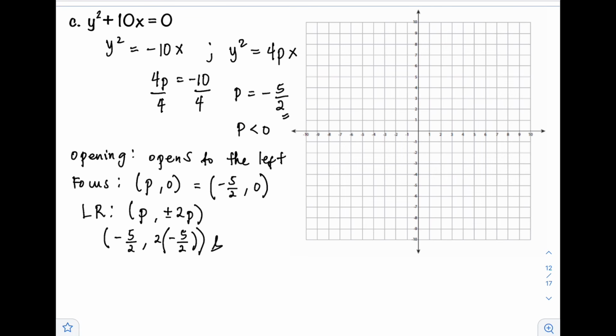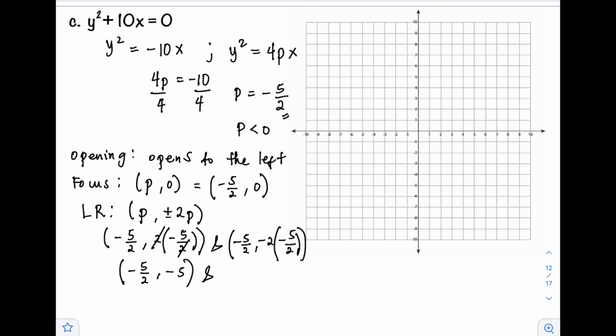And, yung pangalawa natin, we have p, which is negative 5 over 2, then negative 2 times negative 5 over 2. So, simplify natin yung ating latus rectum. So, we have negative 5 over 2, comma. So, dito makakancel yung ating 2. So, that is negative 5.